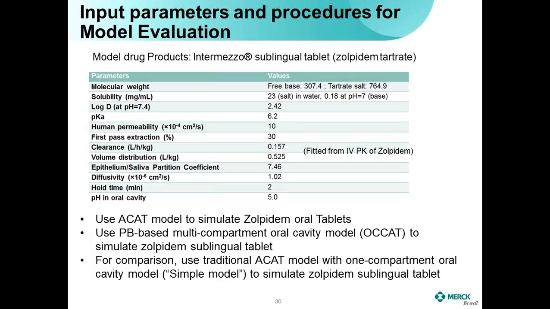This study assumes a holding time of 2 minutes. The pH in the oral cavity was set at 5, because the formulation is a little bit acidic, so the pH in the oral cavity is reduced by 2 units.